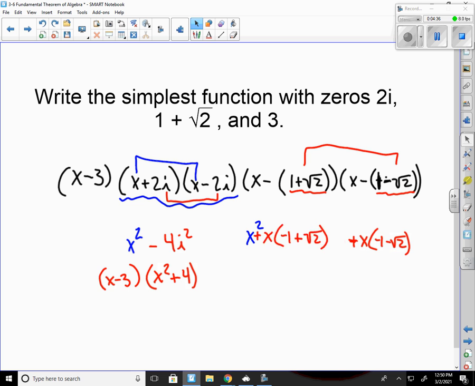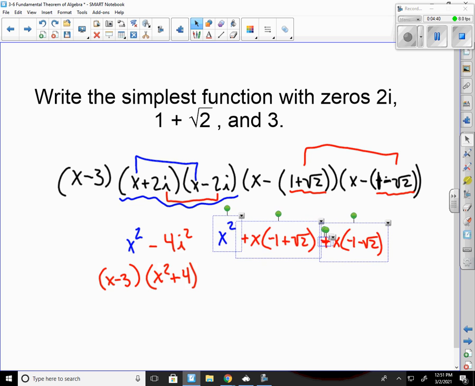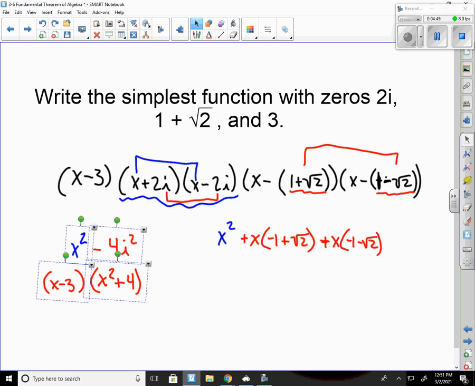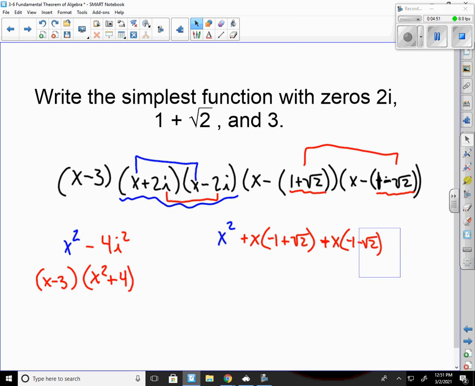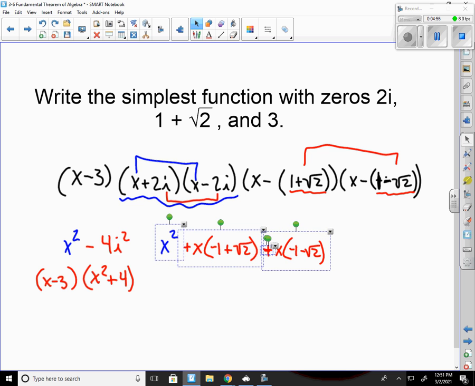So I'm going to move this all over a little bit and give us some room. Not like that. So let's give ourselves some room here.